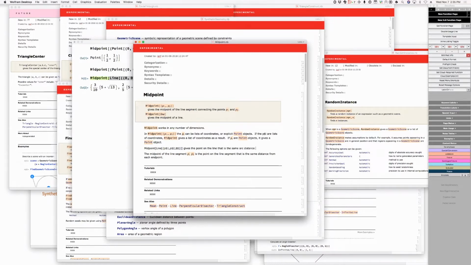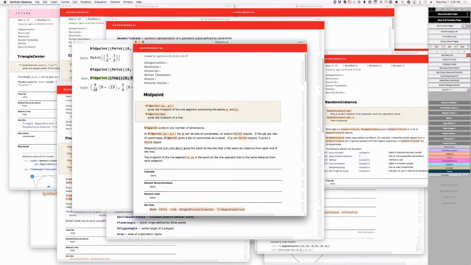Is that right? Distance along the line or along the multi-line. Same arc distance from each end of the line. Right. Okay.